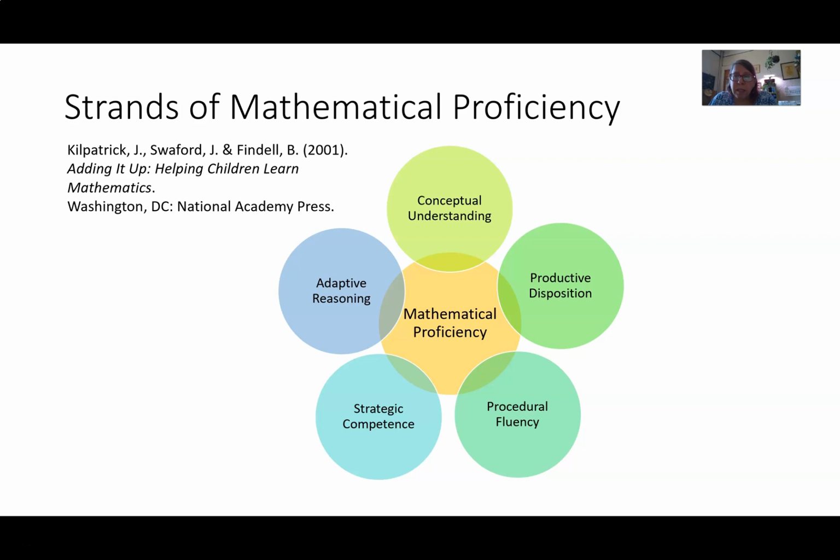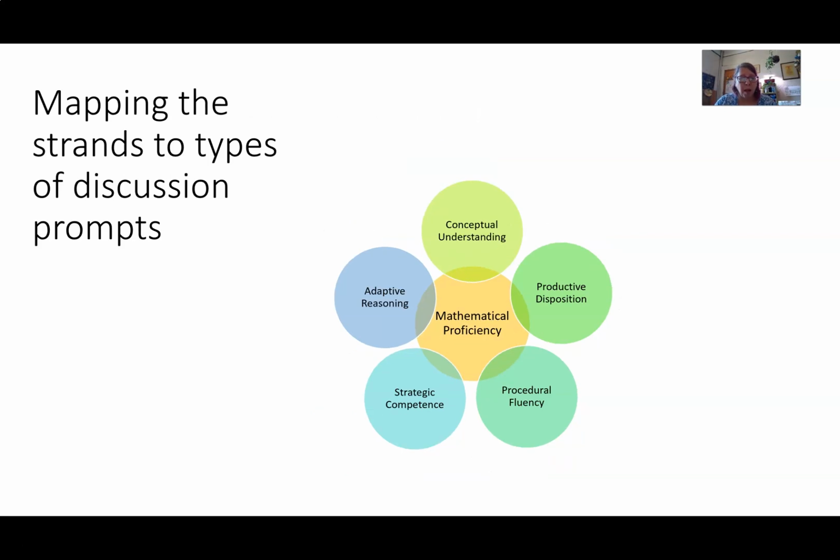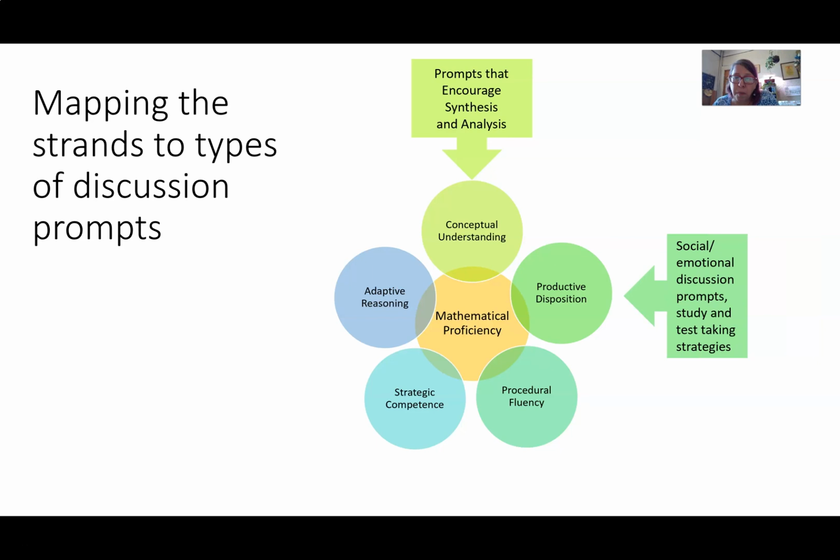As we looked at the discussion prompts that people sent us, they fell into categories that we mapped onto these strands. The first category was prompts that encourage synthesis and analysis. We felt that those prompts led to students having a better conceptual understanding. The next type was social and emotional discussion prompts that looked at how students feel about math and their test taking and study strategies.